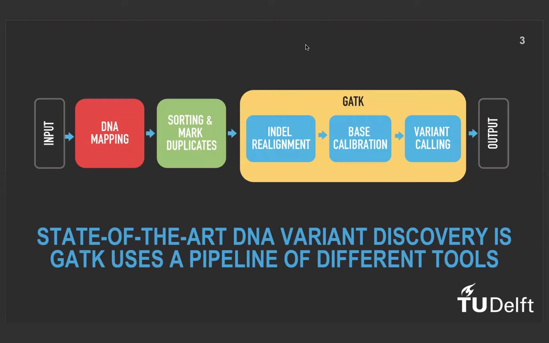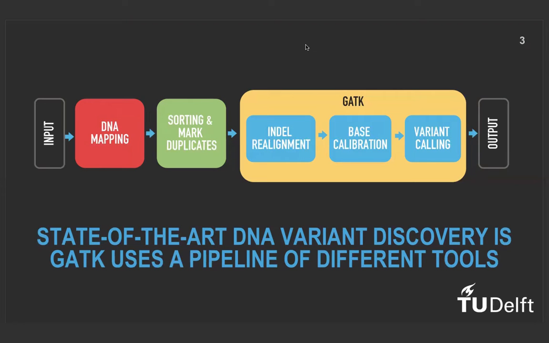And finally, we end up with a haplotype caller to do variant calling on the reads and identify the mutations or the variants in the sample DNA. This is a state-of-the-art pipeline that is widely used, and it requires a number of different tools to be used to get the variant call results.